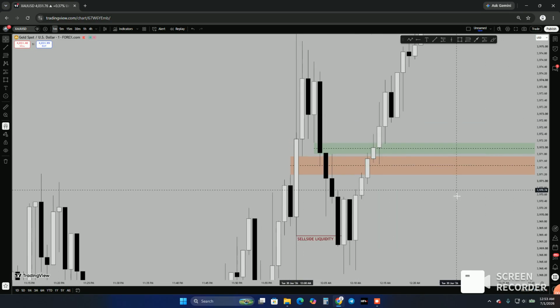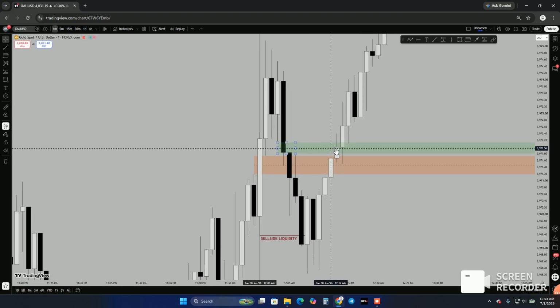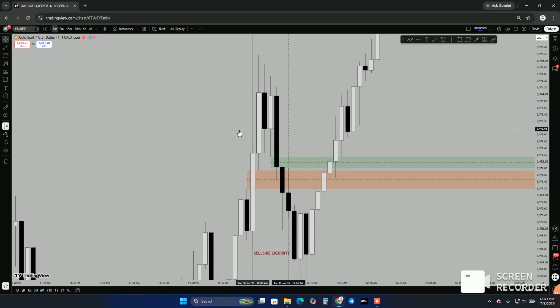When he makes this kind of body close above this gap and the market does not react lower, it means he doesn't have any other information. What information? The price. If the price is bearish, then he would like to do what?